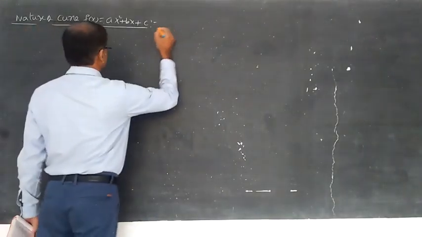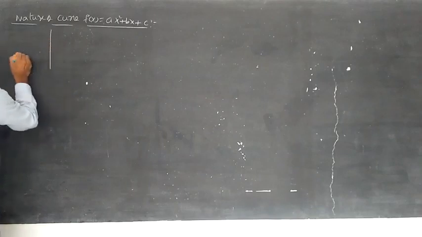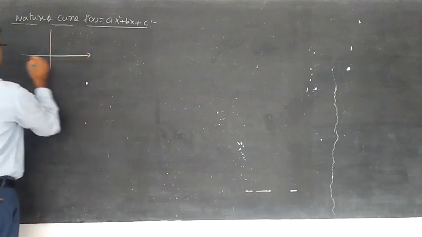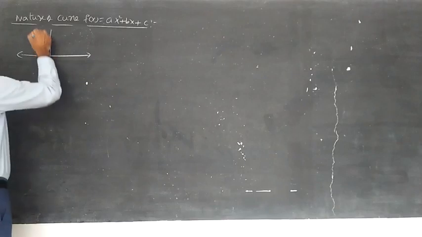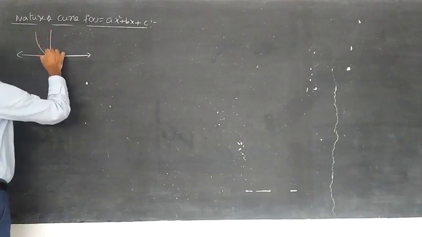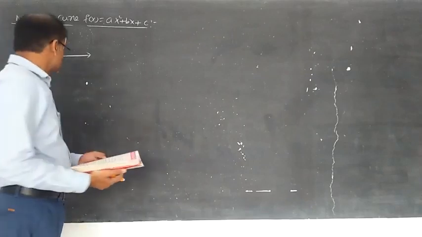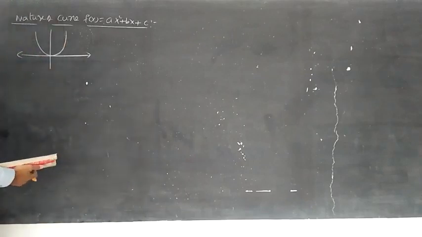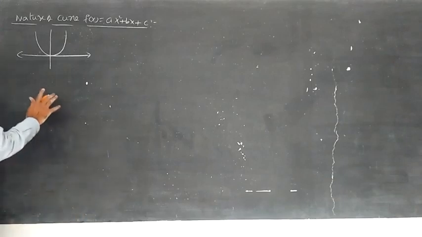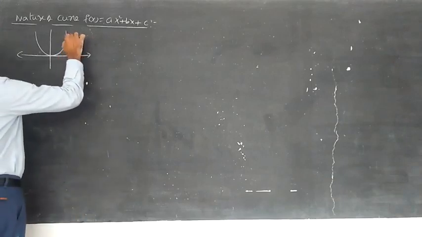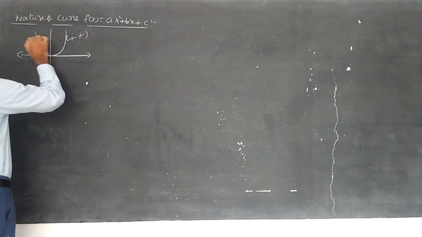First you can understand this one as the curve maintains. Of course here maybe I am not sure that the curve is passing through the origin. Here you can understand plus plus, just an example I am saying.